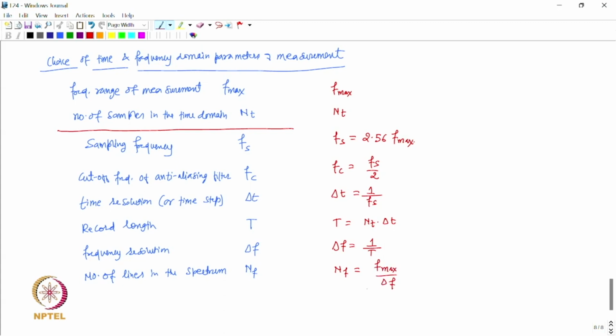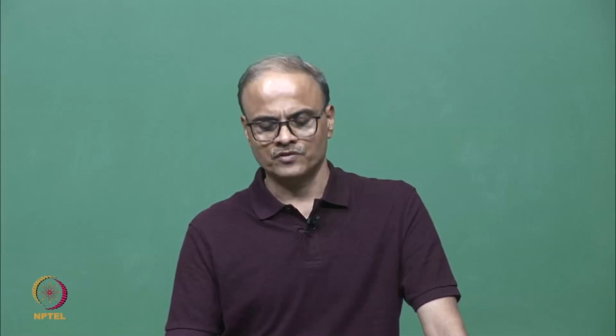And NF is also equal to NT upon 2.56, right. So, these are therefore the relationships which relate the chosen parameters Fmax and NT and all the other parameters describing the time and frequency domain.